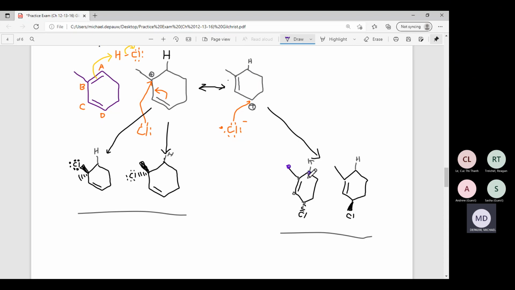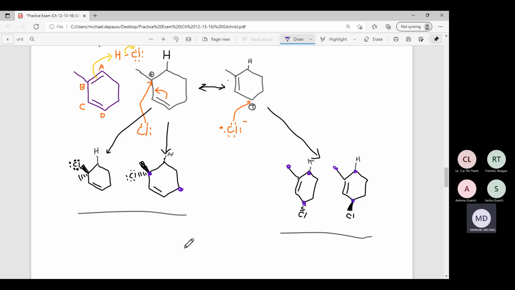Yeah, this is a tri-substituted alkene. Oh, whoops, sorry, I didn't mean to mark that one, but I'll erase that. There are 3 alkyl groups attached to that double bond, and the same thing with this one, 3 attached to the double bond. Whereas on the other side, this is actually only di-substituted.